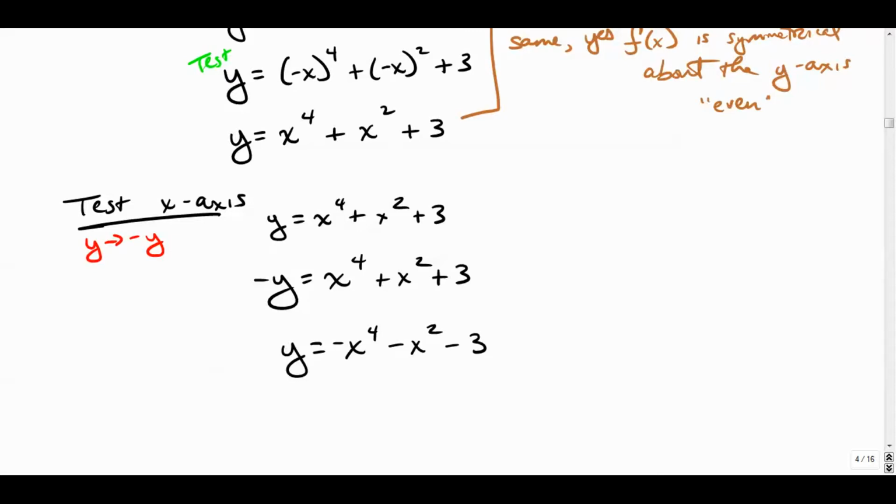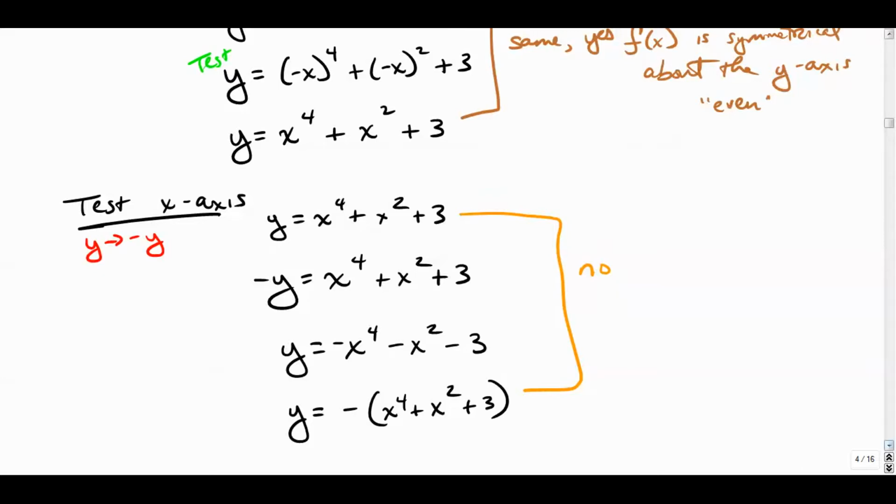And when we take that out, what do you know? We have kind of an interesting thing here. We have y is equal to the opposite of what we started with. Well, that's not exactly what we're looking for. We want them to be exactly the same. So this does not have x-axis symmetry since they're not identical.